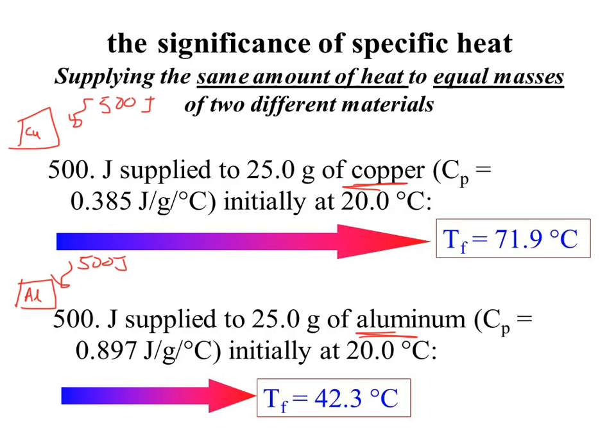We know mass makes a difference because when we consider a cup of water versus a bathtub of water, mass makes a difference. So just to remove that, there's the same mass. Just looking at the specific heats, for copper it's 0.385, and for aluminum it's 0.897. 0.897 is more stubborn to heat up.